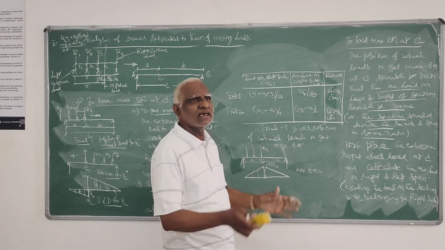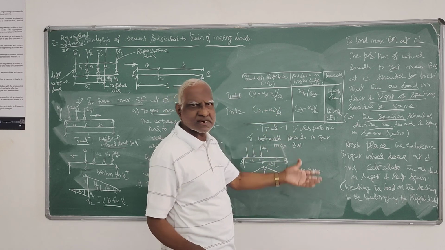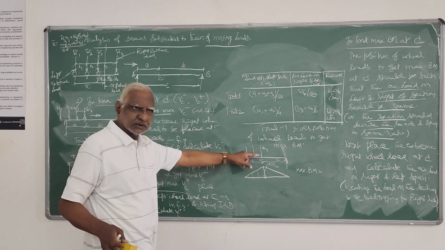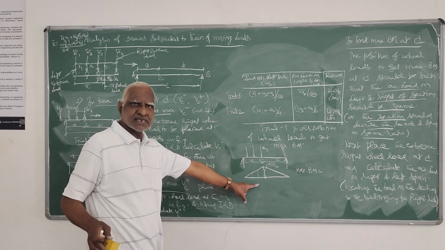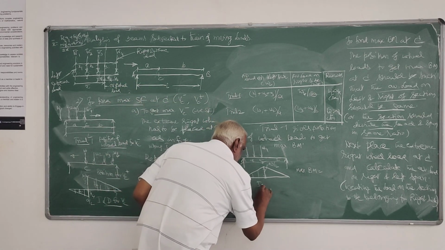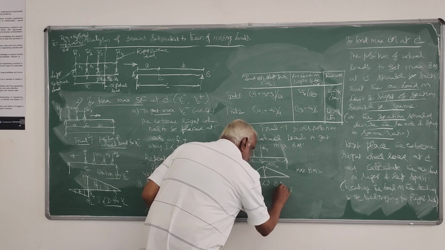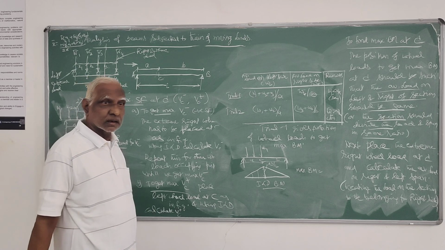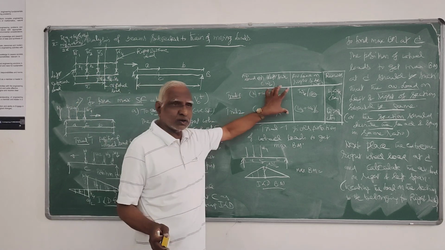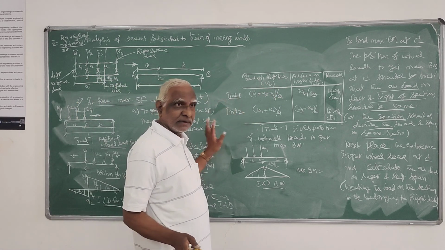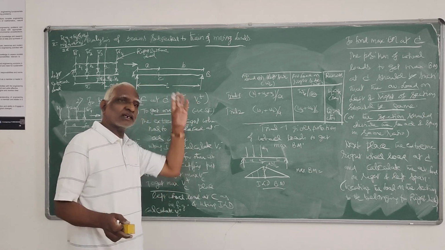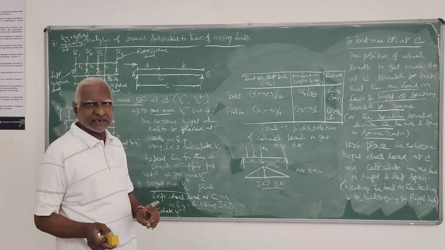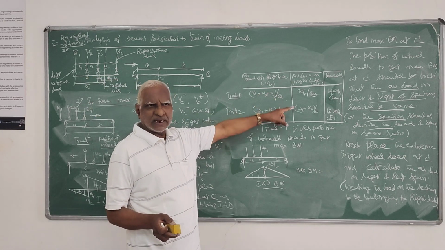If it changes, then you can just say the previous trial is the critical, and that particular previous trial position you write it. Take the standard ILD for maximum bending moment and work out. This bending moment calculation is for only the critical condition. Critical condition only, this you have to do, not all. Whereas in the previous case, shear force, for each case you were doing the calculation. Here don't do that. For each case, only in the table you do that.